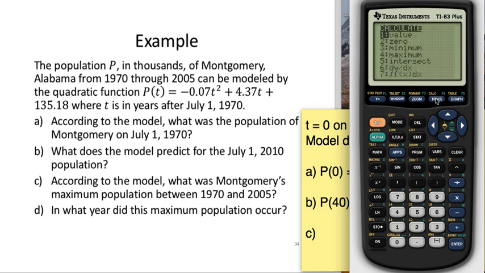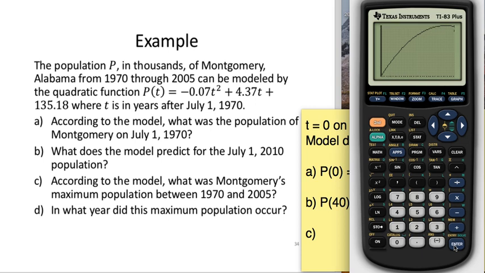Let's calculate it. Calc maximum. Left bound, right there is fine. Hit enter. That's definitely to the left of the maximum. For right bound, I could cursor over to the other side, or I could just type the endpoint of the interval that I've graphed here, which is 35. So for right bound, I'm going to type 35. That's all the way over to the other side of the screen.